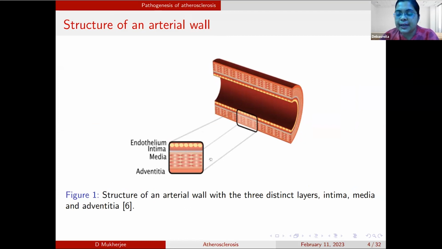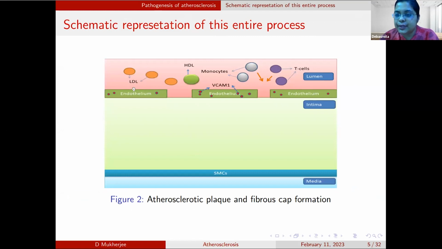In the next diagram, the entire plaque formation occurs in this intima layer. The endothelium cells, which we saw in the previous diagram, have no lesion earlier, but when somebody eats more cholesterol-laden foods, or because of certain accidents, or for other reasons like smoking, a lesion occurs on the endothelium layer.